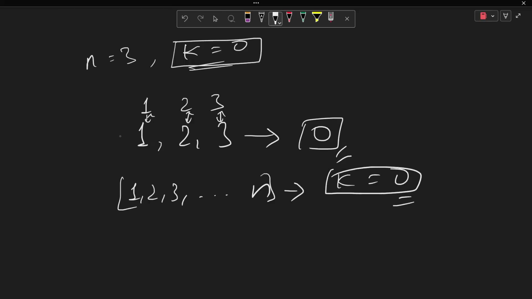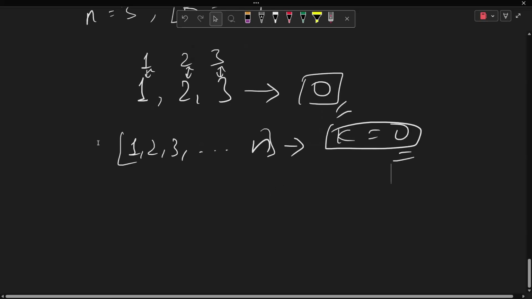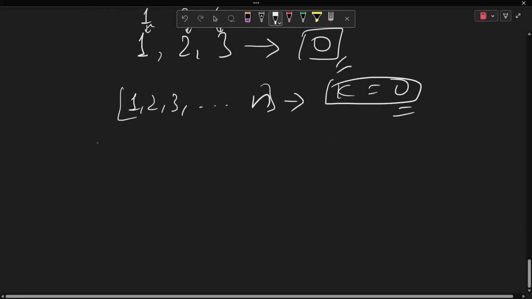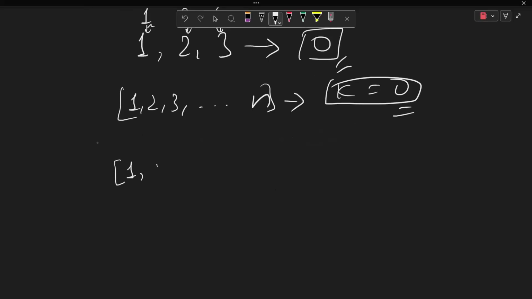Okay. Now, when would we have a different Manhattan value? What Manhattan values can we have for a permutation? Let's try to analyze that first. If we have 1, 2, 3, 4, 5, let's say for n equal to 5, and you place the elements like this, you have a Manhattan value of 0.